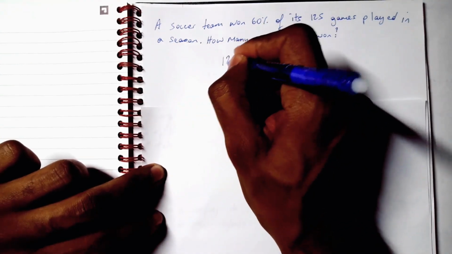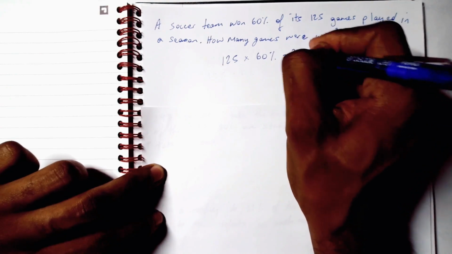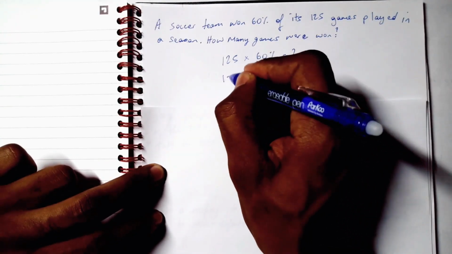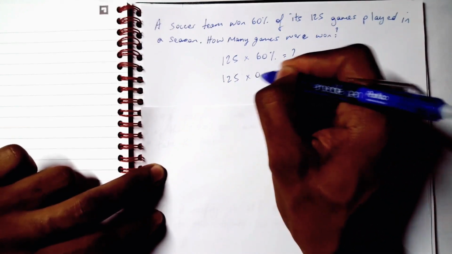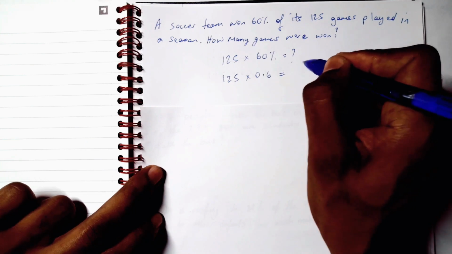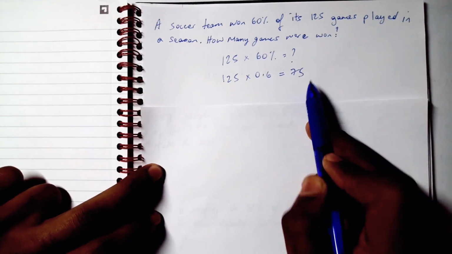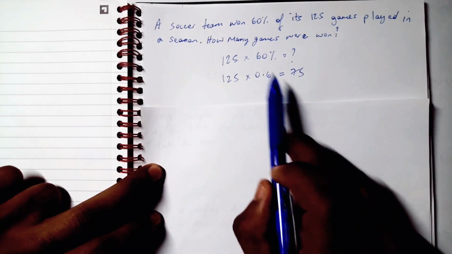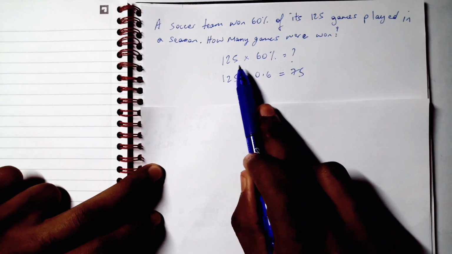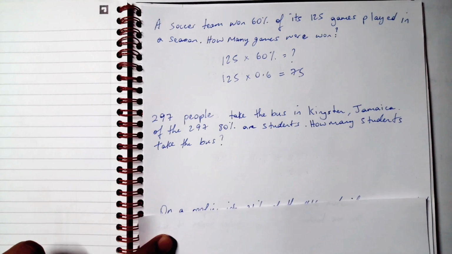Alright, and this is how we do it. 125 multiplied by 60% equals some value we don't know. 125 times 0.6 is equal to 75. Alright, so 75 games were won for the season. Alright, very simple. 125 played, 60% won. Let's move on.